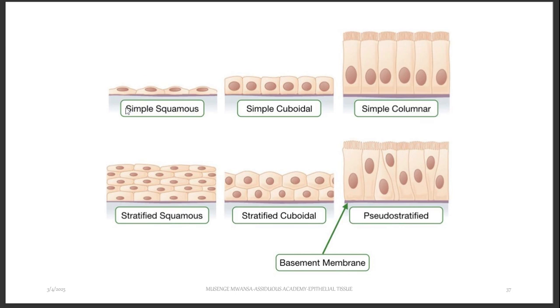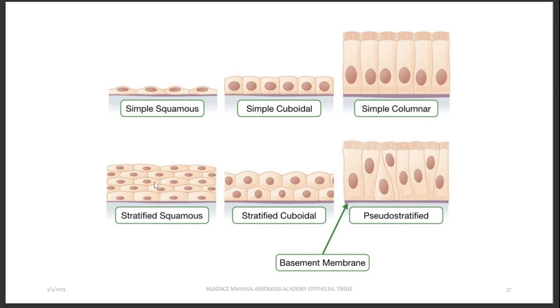For example, this is a squamous epithelium here. Because these are one layer, each one of them is one layer, so we put simple in front. Simple squamous, simple columnar, simple cuboidal. The columnar is longer up. The cuboidal is equal in size, both length and breadth.